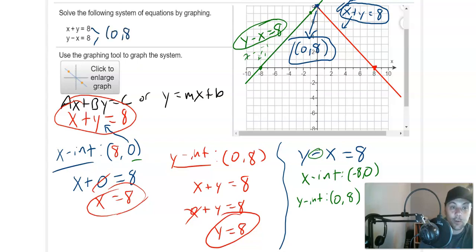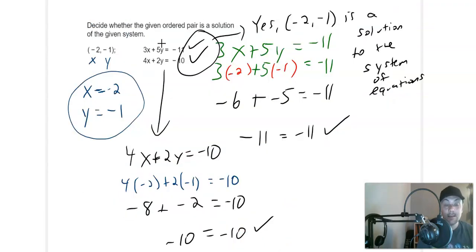which means it's a solution to my system of equations. Something else you can learn from this is that if your two equations are linear, if they're both lines when you graph them, two lines can only cross each other at one point. So that tells you that this system of equations can only have one solution.